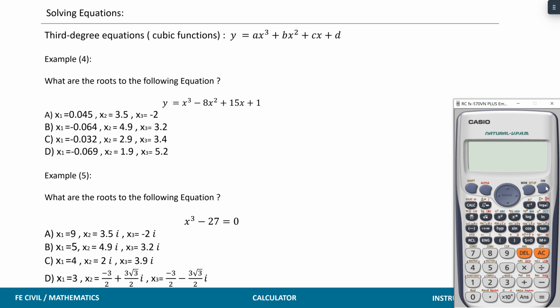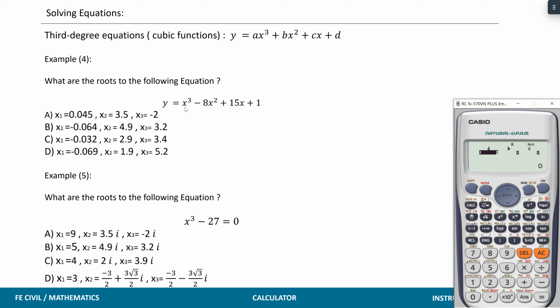The next one is solving third degree equations, the cubic functions. So we're going to press on the mode, equation number 5. The third degree equation is the last one. We're going to press 4, and we're going to start inserting the equation into the calculator.